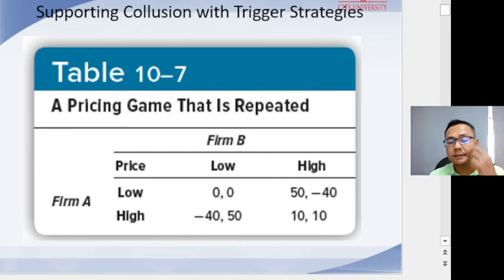Now consider the simultaneous move Bertrand pricing game presented in this Table 10.6. The Nash equilibrium in a one-shot play of this game is for each firm to charge a low price and earn zero profit.